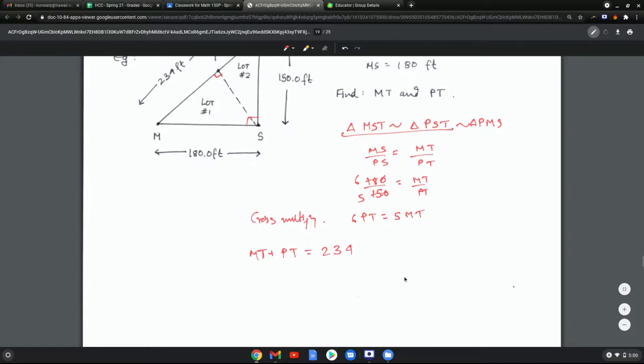Now from here, I get that PT is 5/6 of MT. So I can plug this in: MT plus 5/6 of MT is 234. Taking the fraction common, I get 11/6 MT is 234.